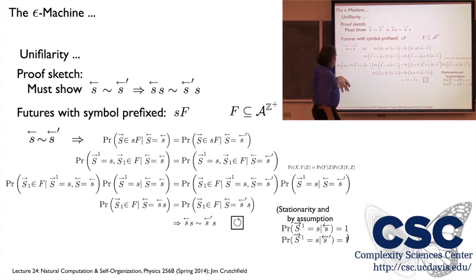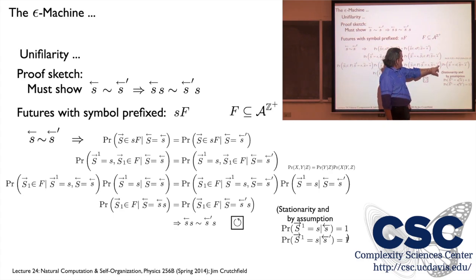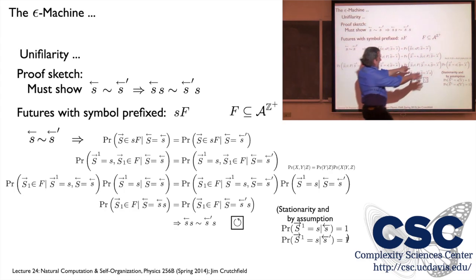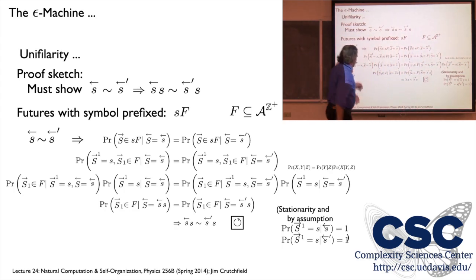Over here, I'm choosing to pull out S1, so this is the future starting one step after the next symbol. Then I'm conditioning on the next symbol being S and having seen that particular history, little s, times the probability of seeing the next individual symbol given that it followed that particular history. Same thing over here, except all that's different is that I'm conditioning on this different history S prime.